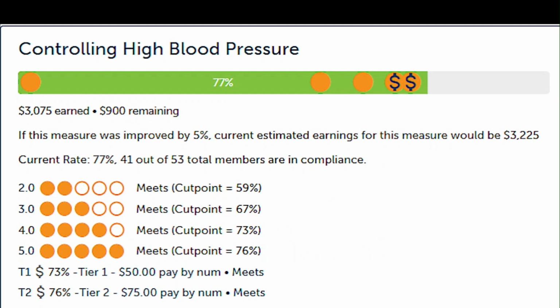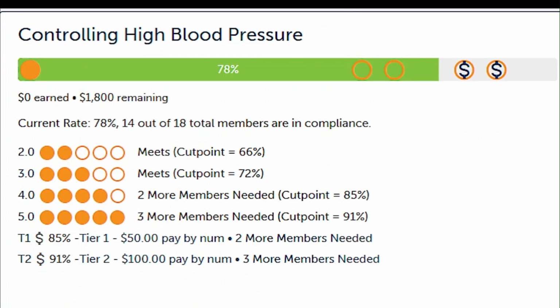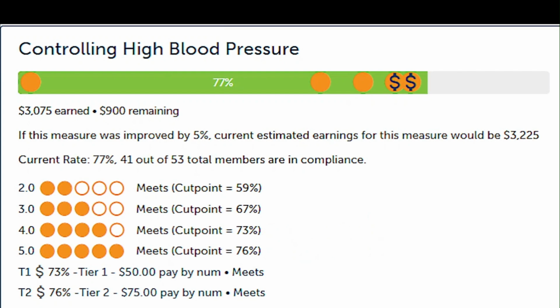Not only were they able to earn the incentive, from $0 to over $3,000, but notice this: 53 total members. Earlier the clinic had to address 18 members, but after they started showing some performance on this measure, they now had a total of 53 members. So this is actually an indication of panel growth, right?